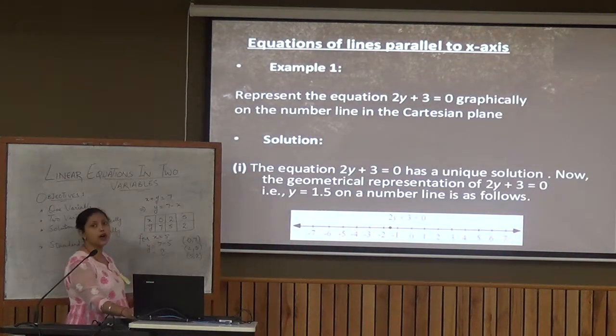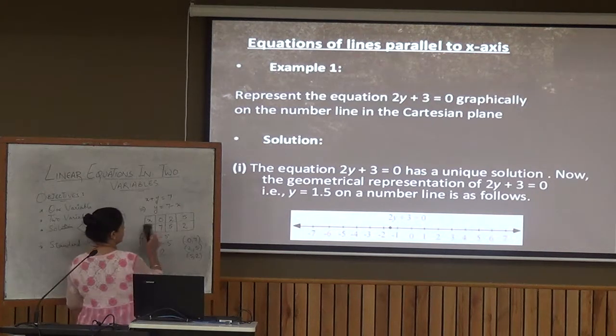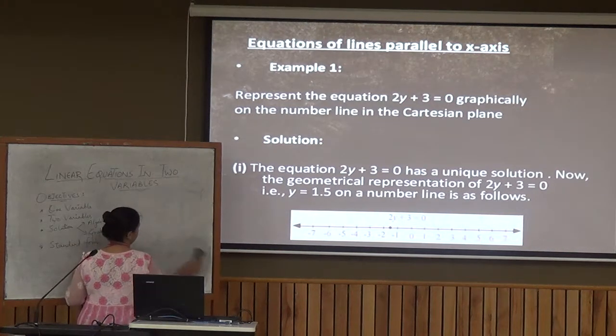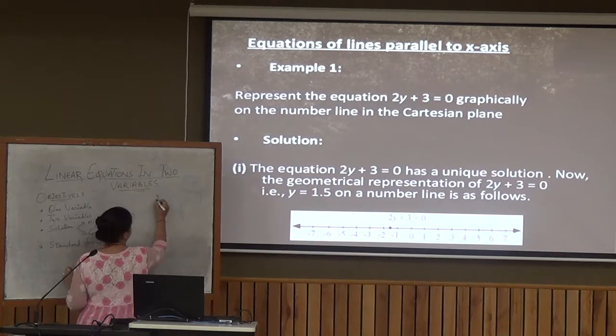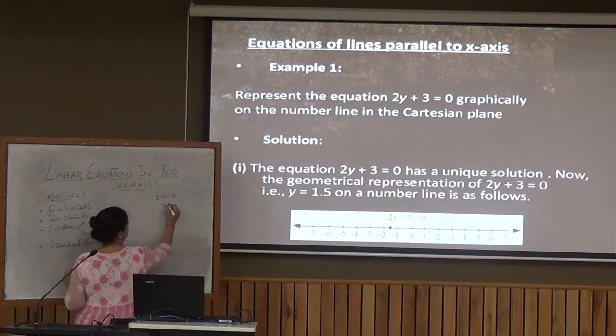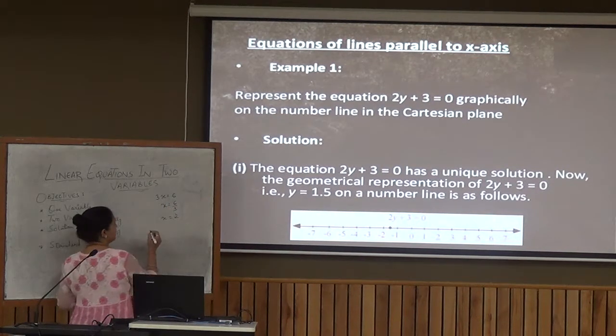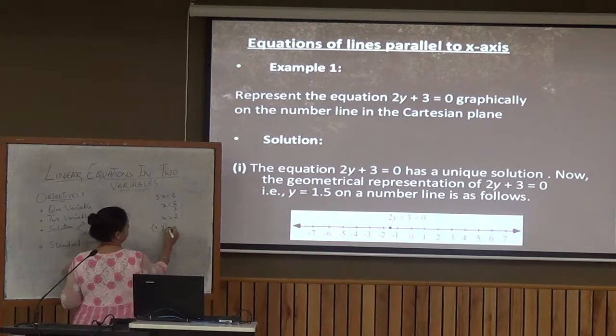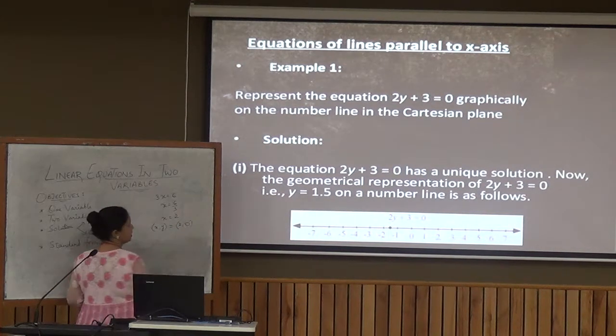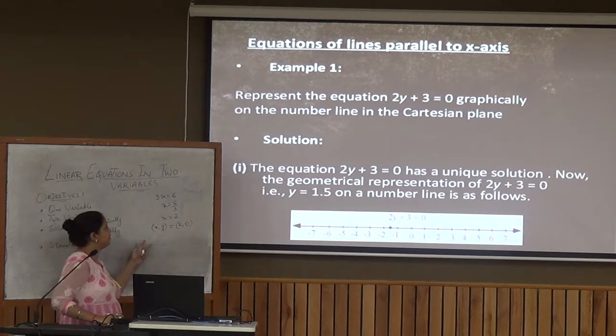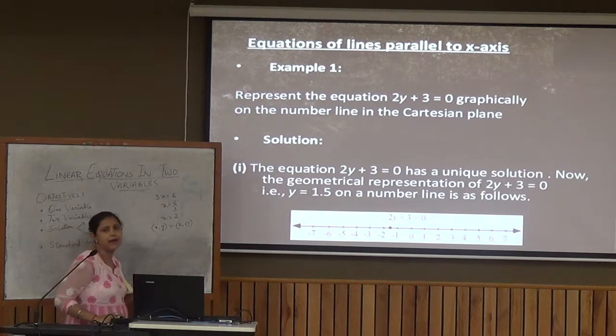Now talking about the second linear equation which we discussed, 3x equals 6, I have solved it and we have got x equals 2. So the coordinate of this point (x, y) will be (2, 0), and as the given equation only gives a point for the variable x, not for y, it will be a line parallel to the y-axis, as there is no point located on the y-axis.